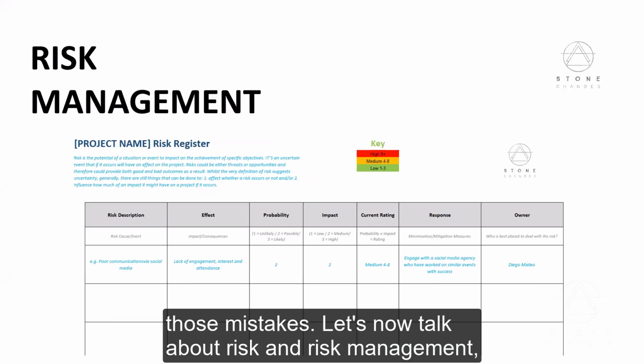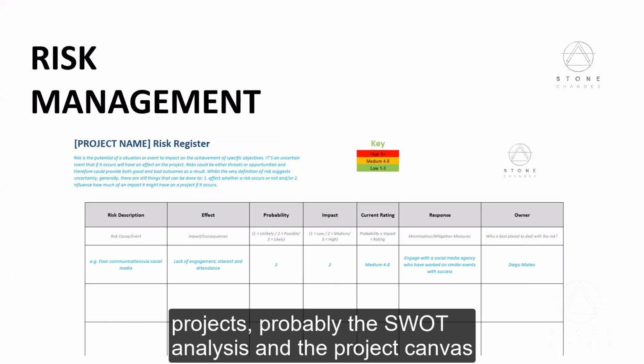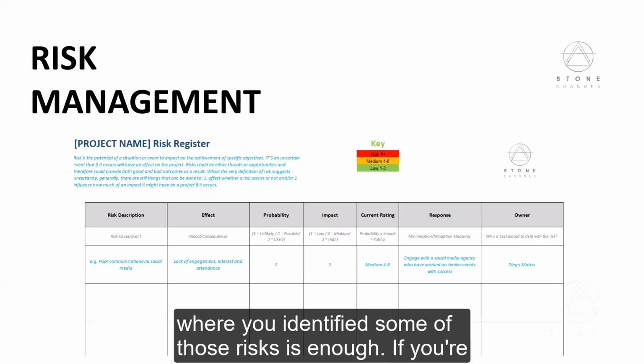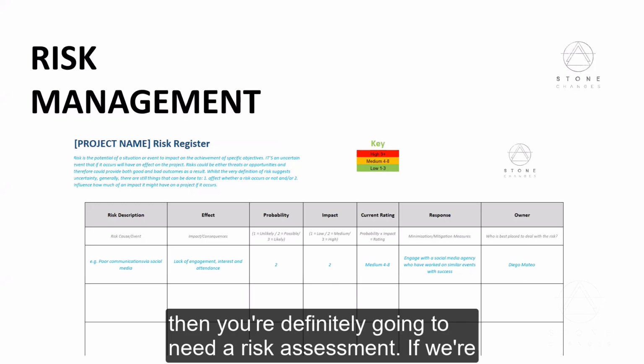Let's now talk about risk management. This can be a bit of a beast. I would say that for smaller scale projects, probably the SWOT analysis and the project canvas where you identified some of those risks is enough. If you're working with vulnerable groups and safeguarding is a thing, then you're definitely going to need a risk assessment.